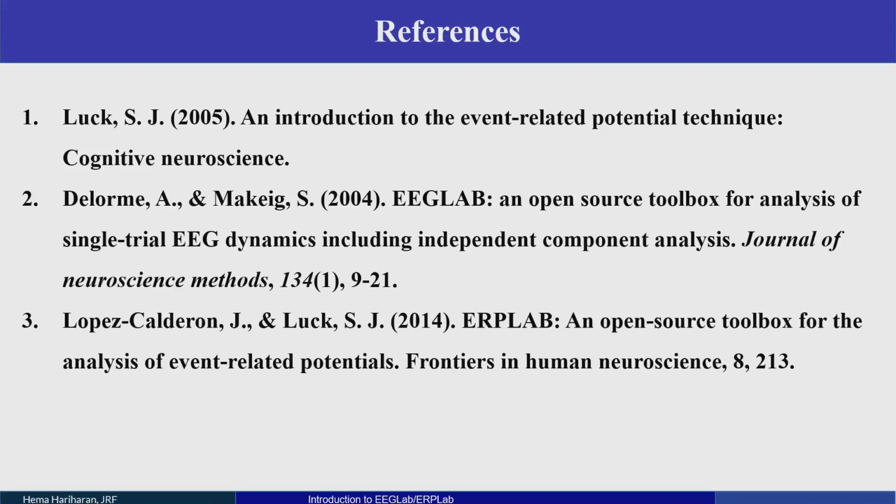We have the different ERPs and their characteristics, how they look and how they started working. Everything has been explained in the first paper, and the next two are base papers about EEGLab and ERPLab, how the software came into the picture and how they have done all the steps. That has been given in these two papers.